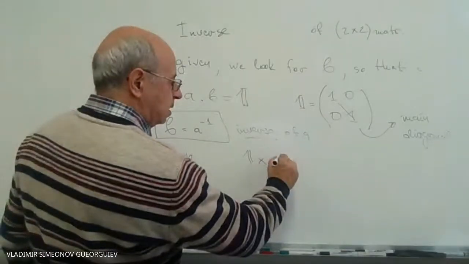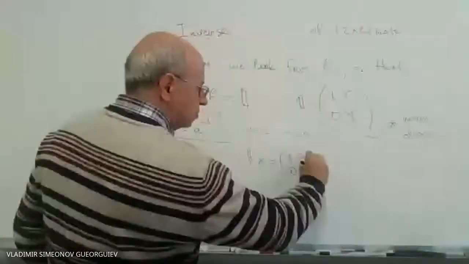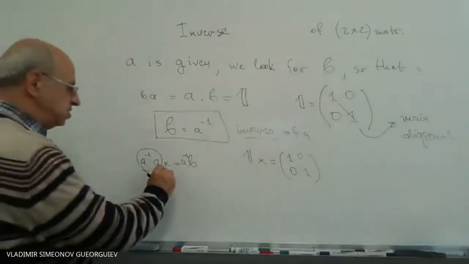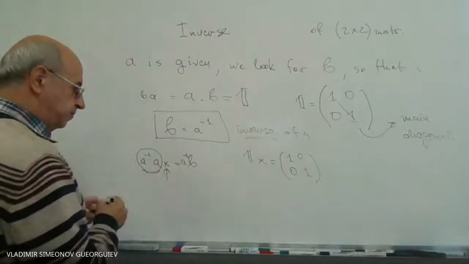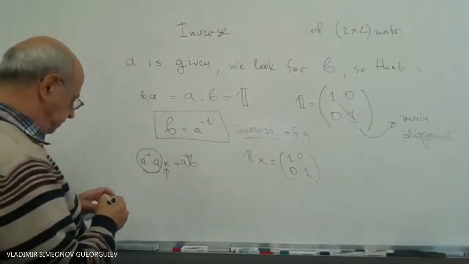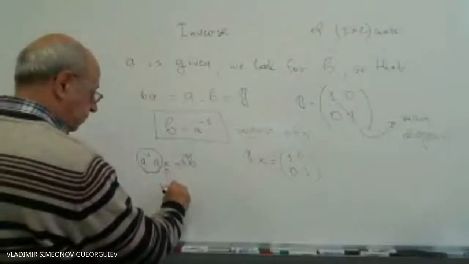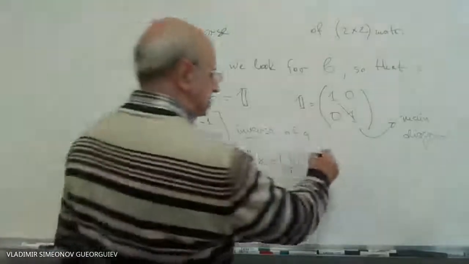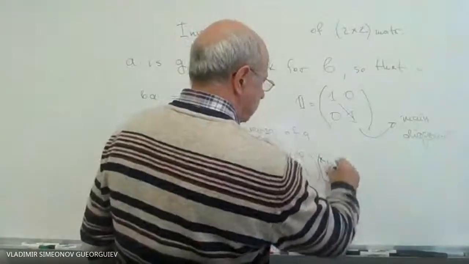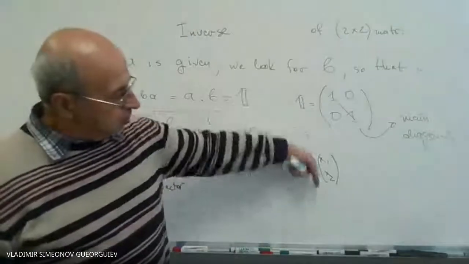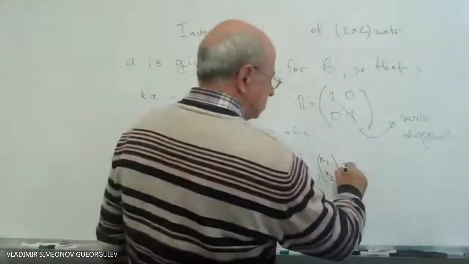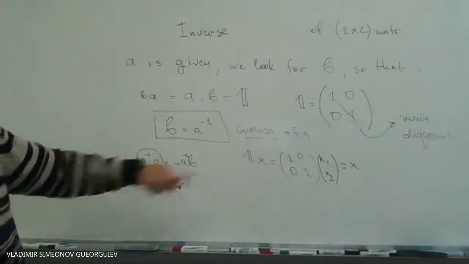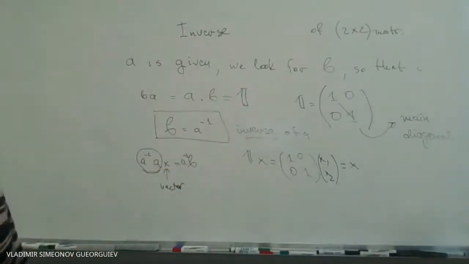The matrix 1, 1, 0, 0 times X, where X is a vector having two components, x1, x2. It is very simple to see, row by column, that the result is the same vector x. Therefore, from here you can find x. X is A minus 1 b. It can be written in this form.